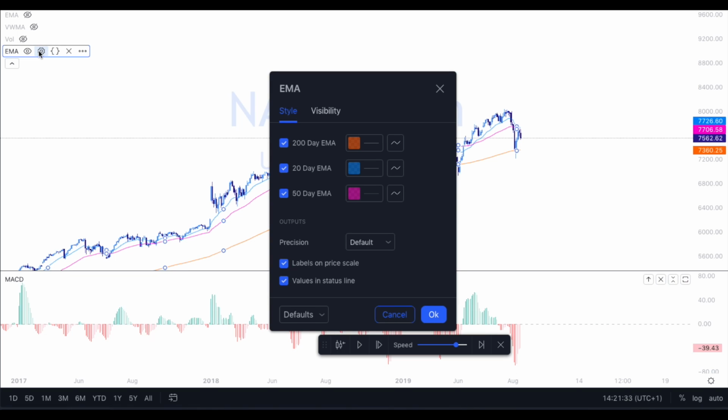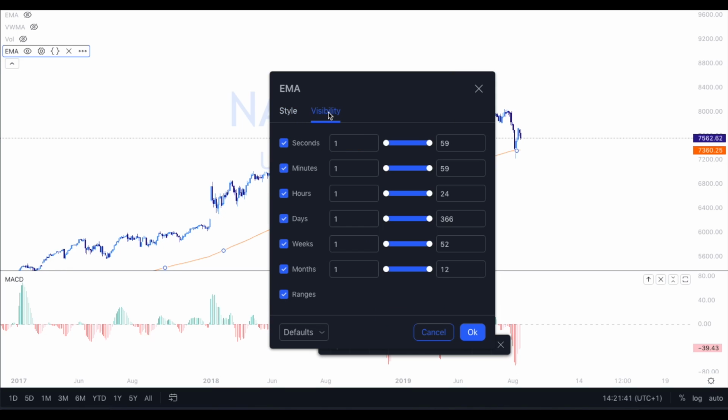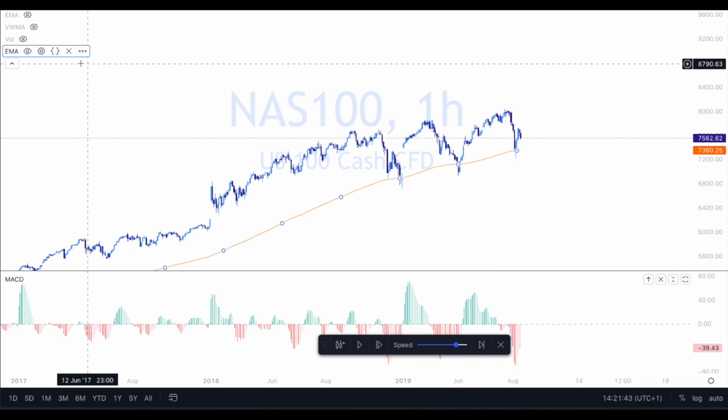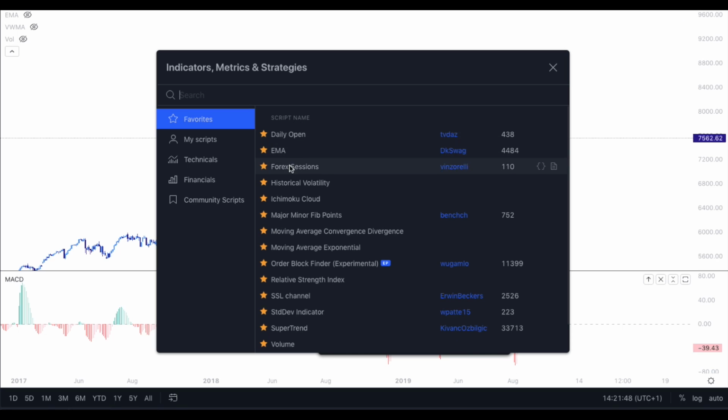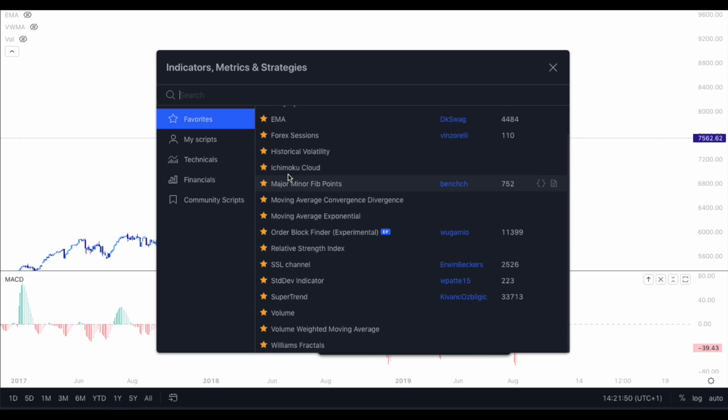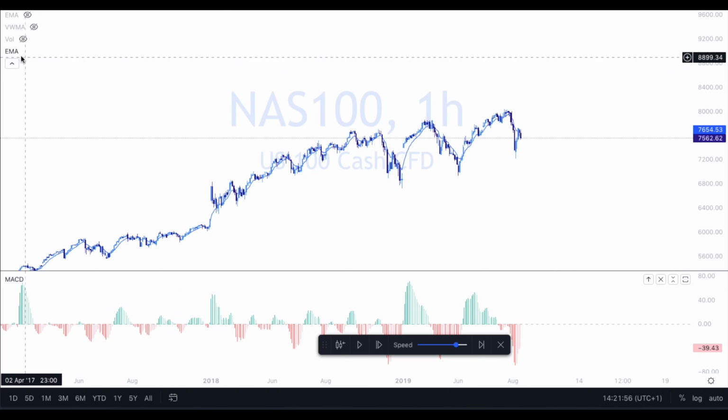I just pulled out the generic one, and we're going to be using the 200 EMA. Actually, I don't want to use this one. Moving average exponential. Okay, that's the one I want. So there it is, it's on right now.